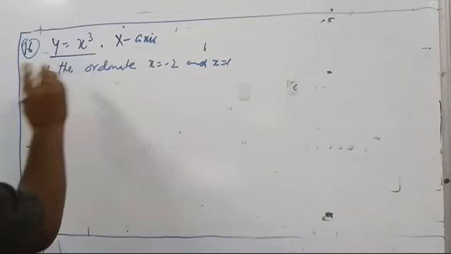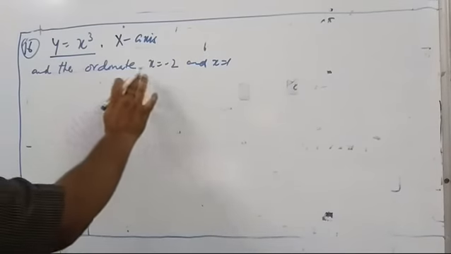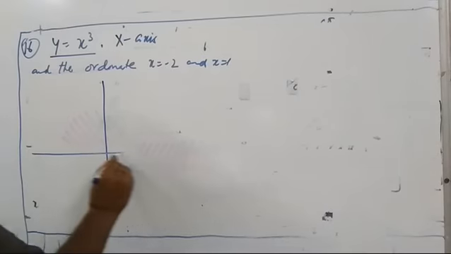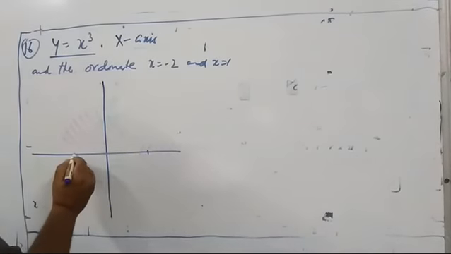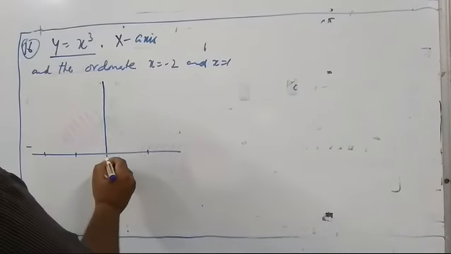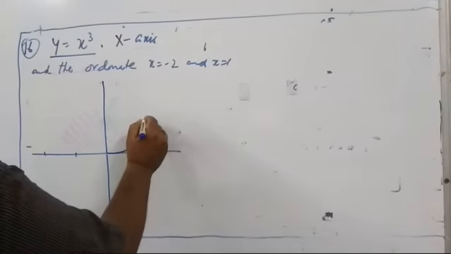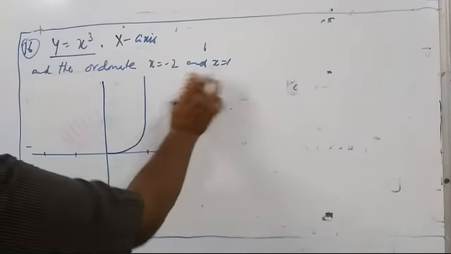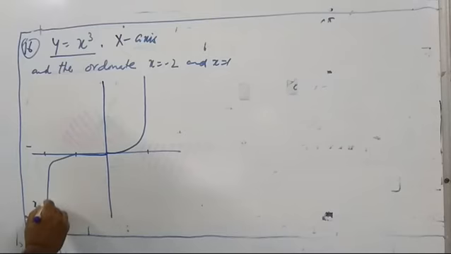We have to draw the diagram again as usual, and it must be between minus 2 to 1. It is 1 here, and 1 and 2 here. Now the graph of y is equal to x cube is like this, and this is between x equal to 1 and minus 2, so the lower part goes like this.